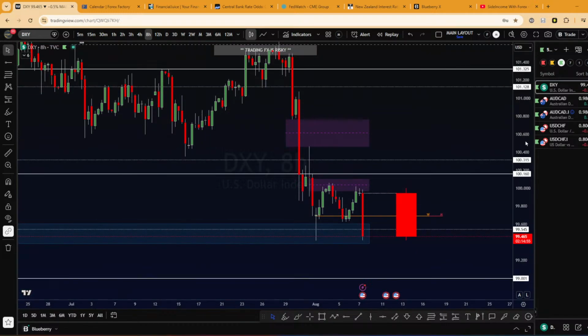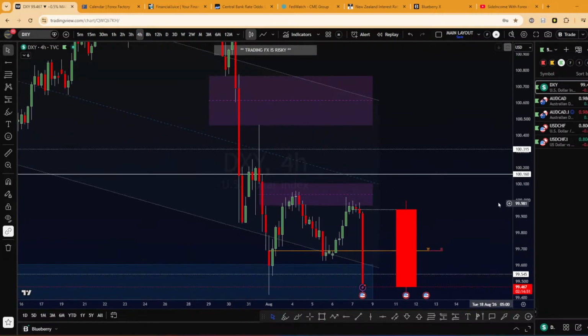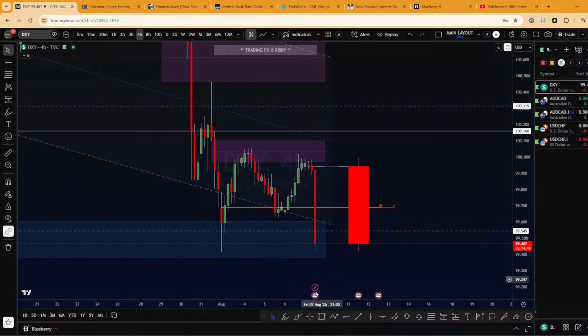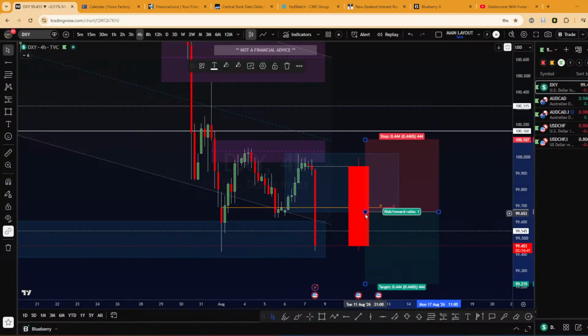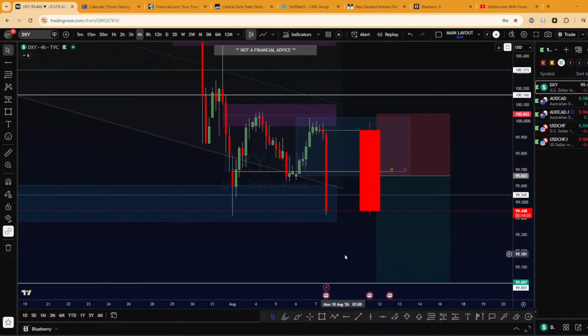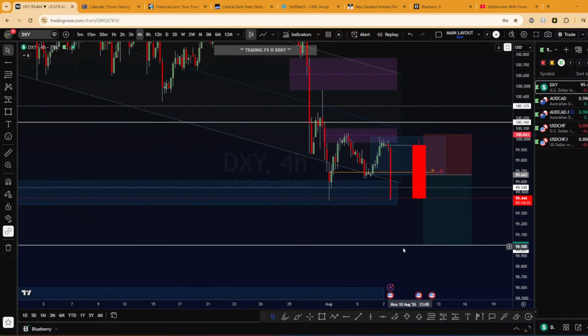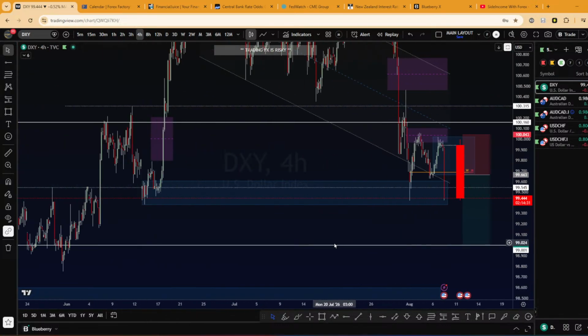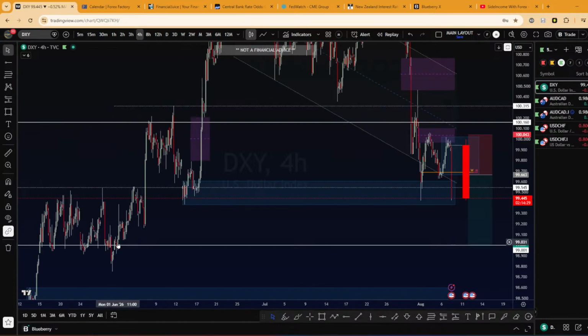So let's see. I still want to see something like that, some sort of retracement. This is what I am looking for today.